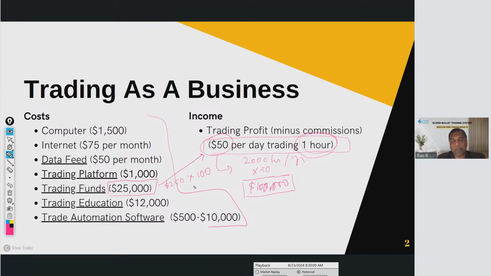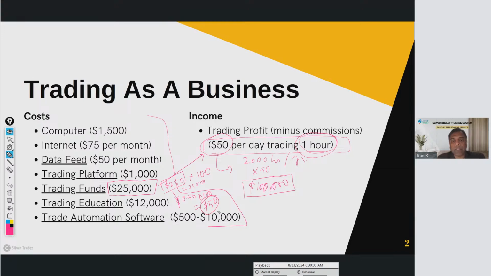At least that's meaningful. So 100 times 250 is $25,000. And if the $250 stock makes a move of 50 cents, then 100 shares will give you $50 of profit.